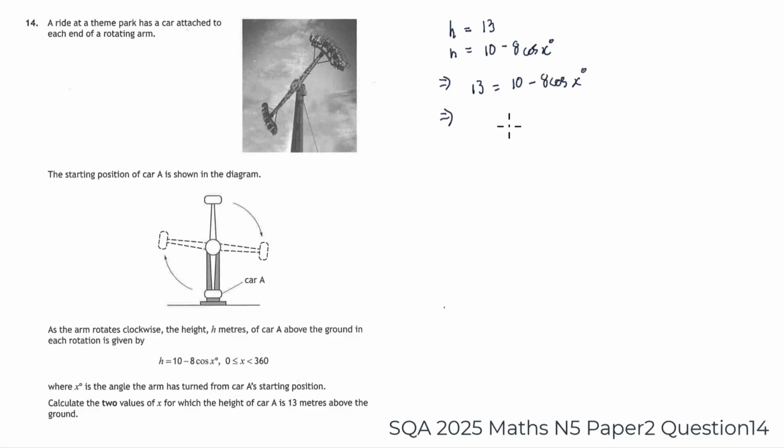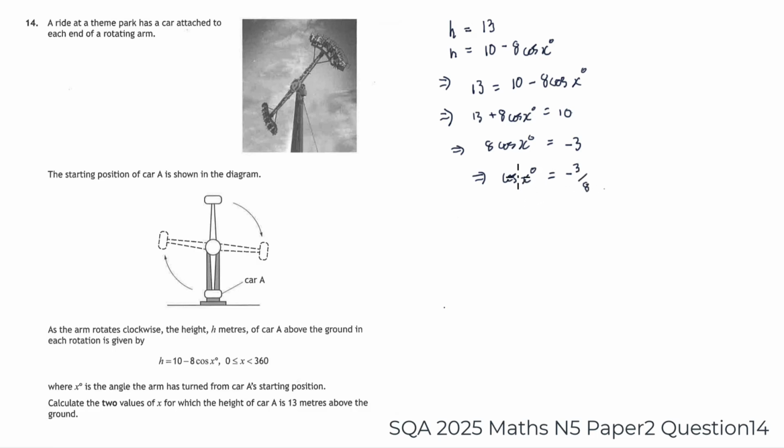Let's add 8 cos x to both sides to get that in a positive sign before it. And let's subtract 13 from both sides. 10 minus 13 would be negative 3. And then let's divide both sides by 8. So there's a rearrangement to get the value of cos x.